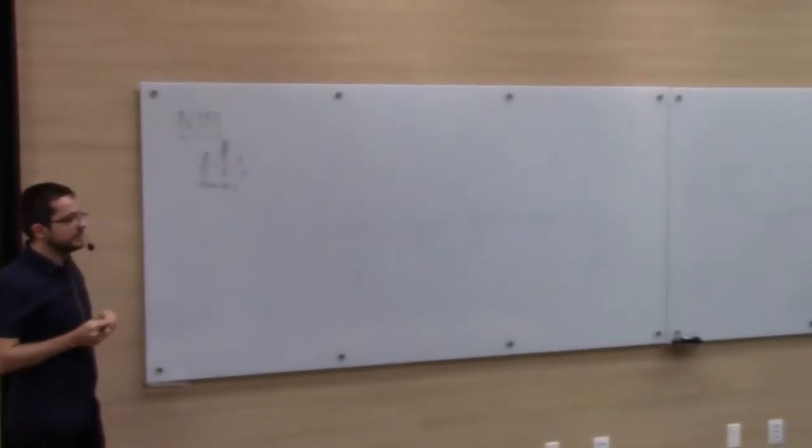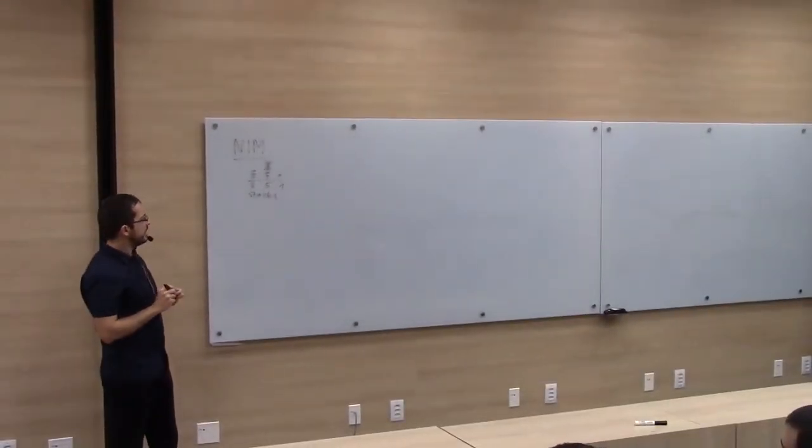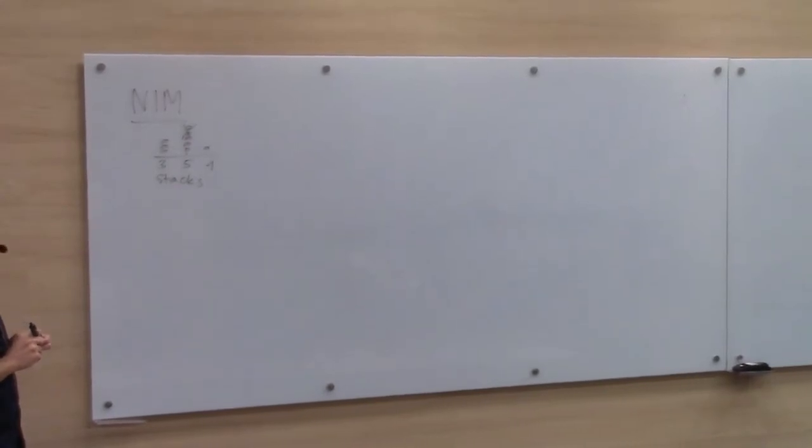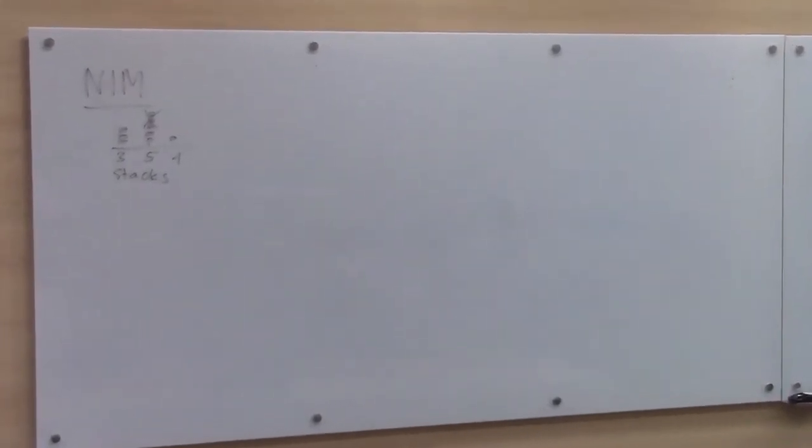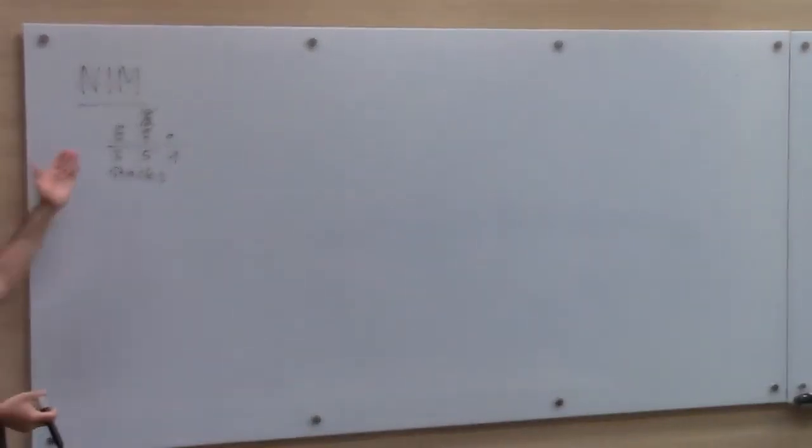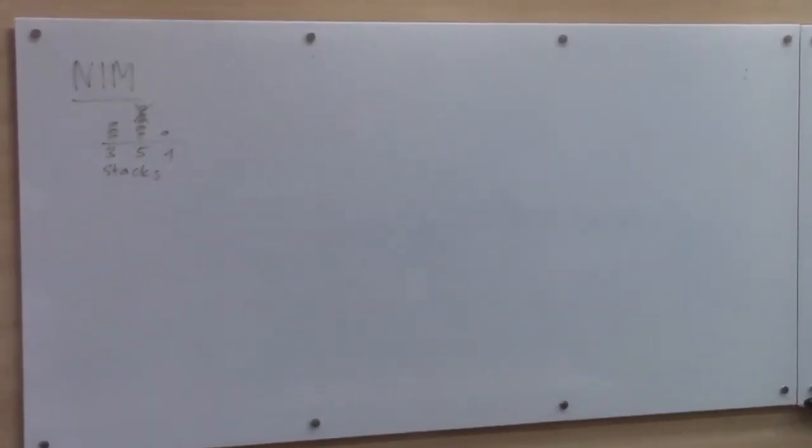A move consists of choosing exactly one stack and taking some positive number of coins from this stack. So perhaps a valid move would be taking the second stack and removing 3 coins from it, or maybe removing all of the coins from the stack. At least 1 coin must be removed. And if the player cannot make any move, which basically means that all of these stacks are empty, then this player will lose the game.